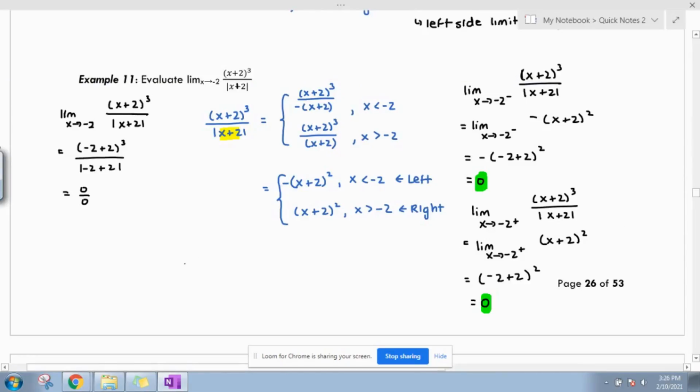So therefore, the limit as x approaches -2 for x plus 2 cubed all over the absolute value of x plus 2 equals 0. So with absolute value functions or questions involving limits of absolute value functions, you could get a scenario where the limit doesn't exist, but you also could get a scenario like in this case where the limit did exist.